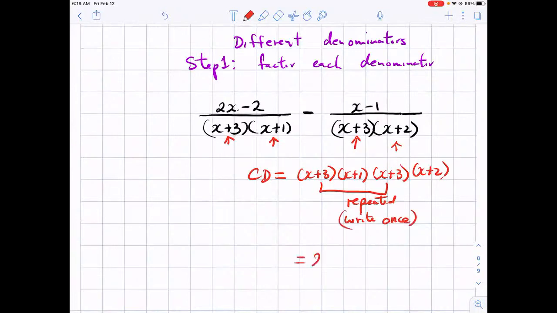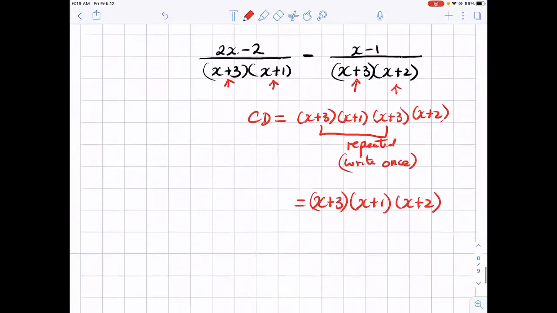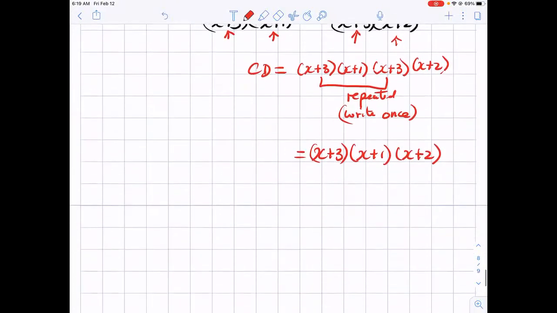So we have x plus 3 times x plus 1 times x plus 2. We don't need to write it twice. So our common denominator is x plus 3 times x plus 1 times x plus 2.